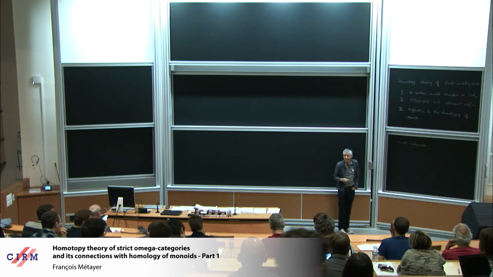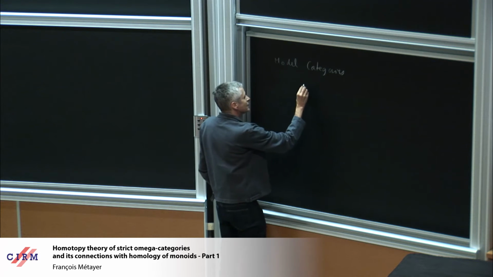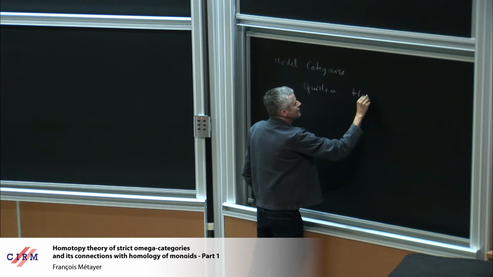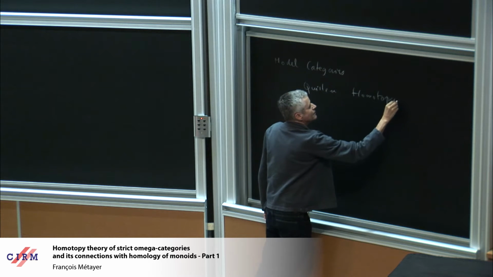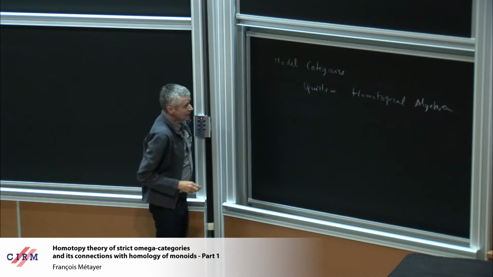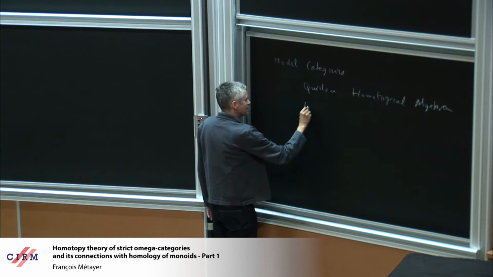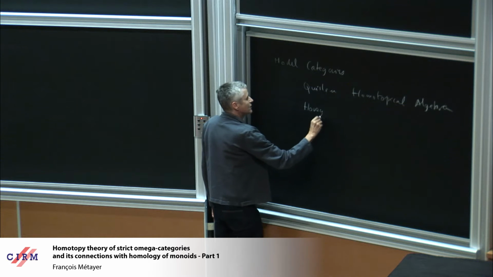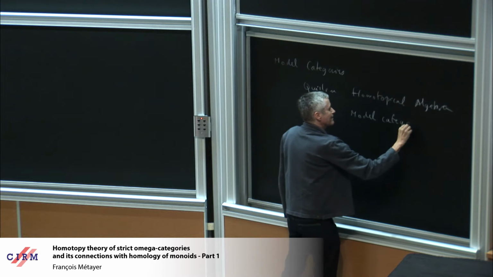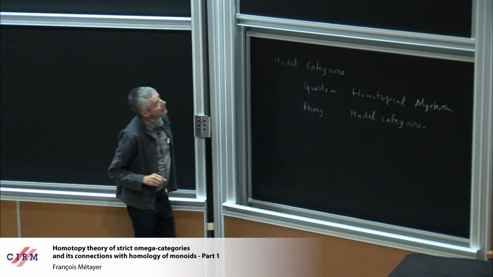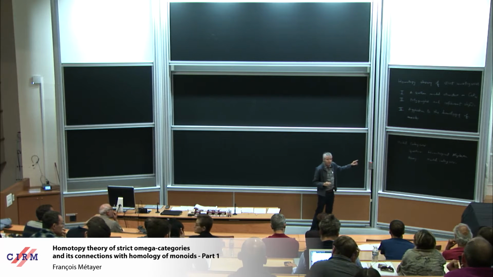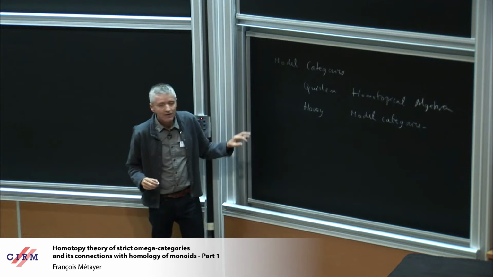Among all classical references, of course, you have the first text by Quillen, Homotopical Algebra. There's a book by Hovey on model categories. I will also use something that may be a little less classical.